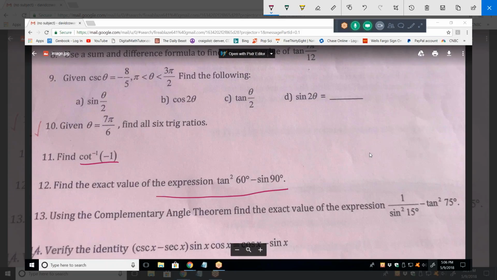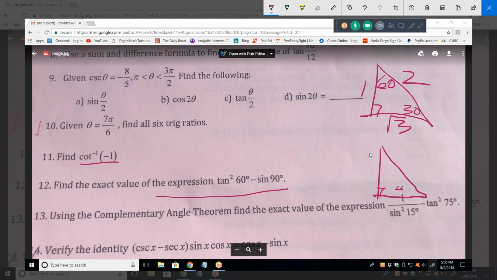Exact expression. What's tangent of 60 degrees? Oh, let's see. So it's root 2 over 2 over root 2 over 2. Oh, that's 45 degrees. You really need to memorize these two triangles. I'd get a lot better if I write a circle down first.